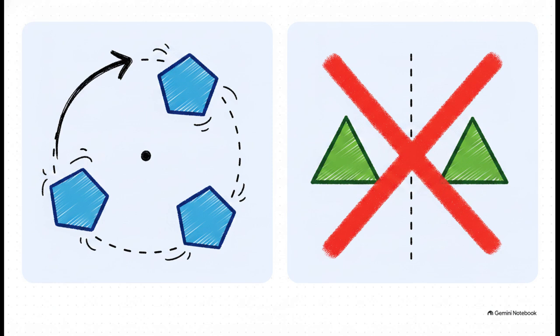A rotation requires a center point and an angle. And remember, by mathematical convention, a positive angle means counterclockwise. A reflection, on the flip side, requires a central line of reflection to create a mirror image. So listen closely. Do not use the word reflection or flip anywhere in your defense for this task. You are performing a rotation for sure.